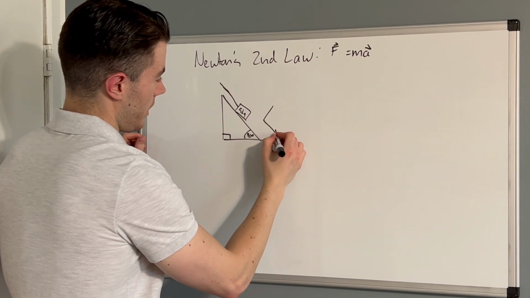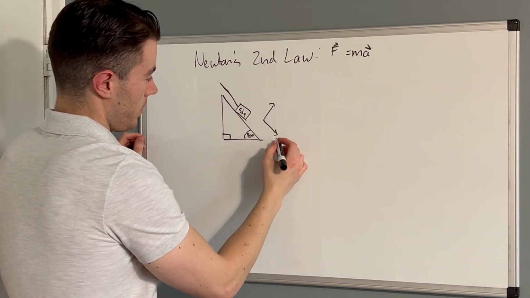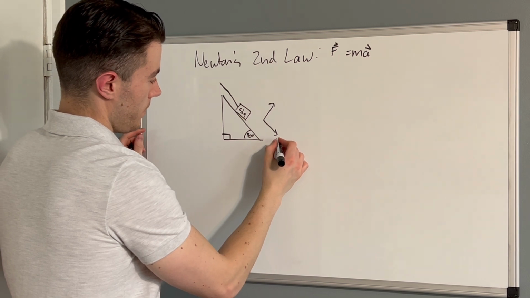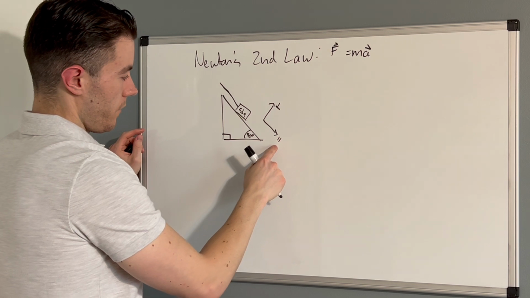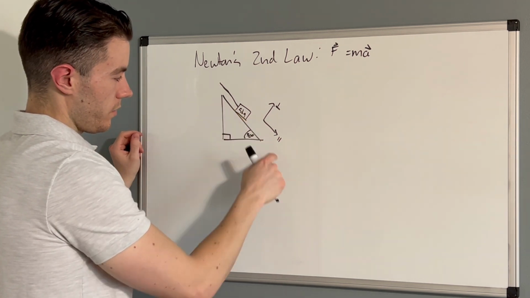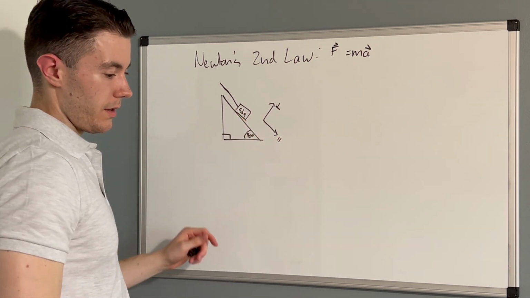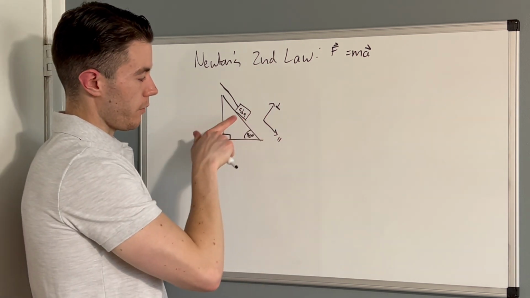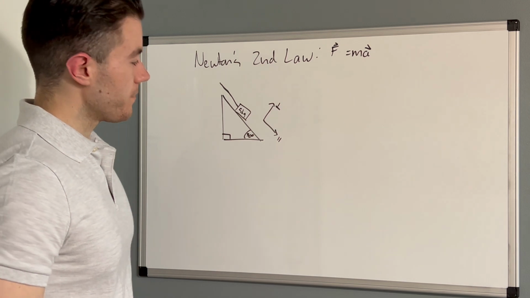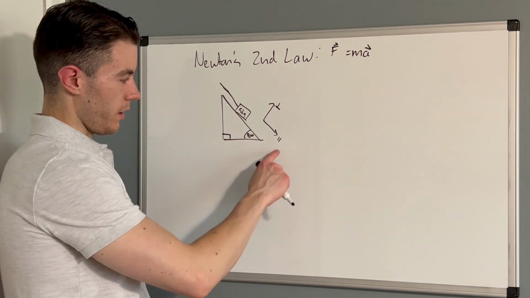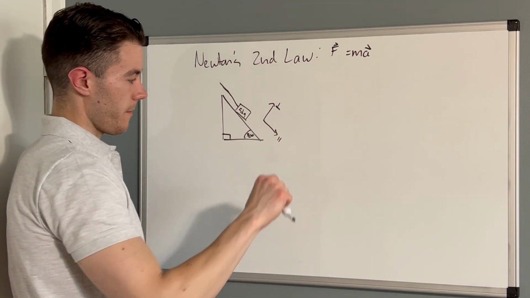Instead of calling it X and Y, let me call it parallel and perpendicular: parallel to the inclined slope, and perpendicular to the line of the incline.